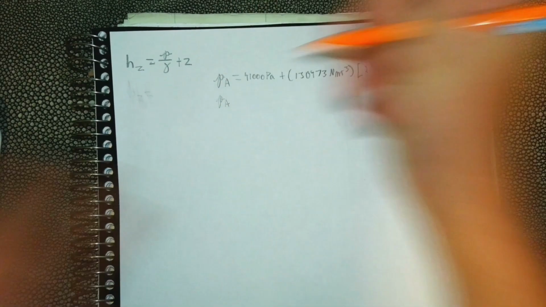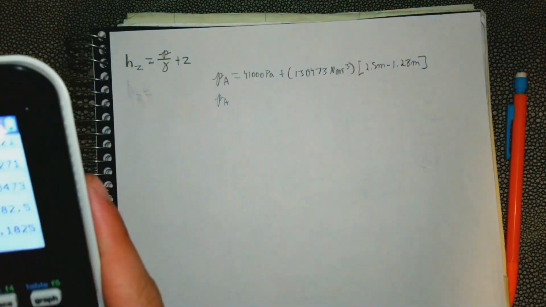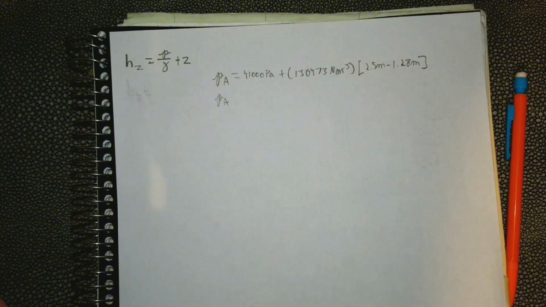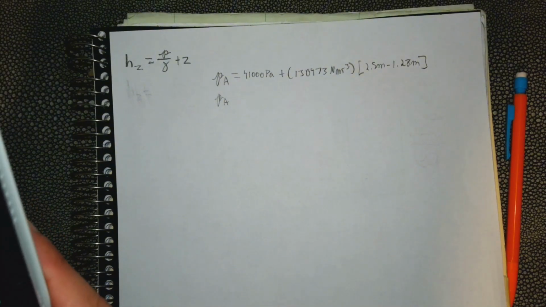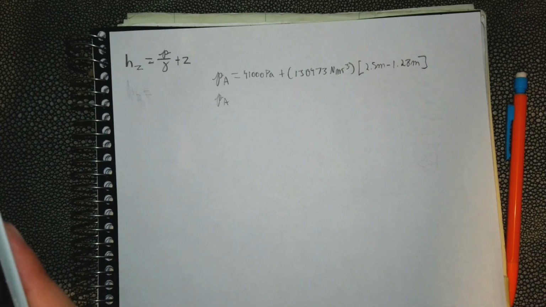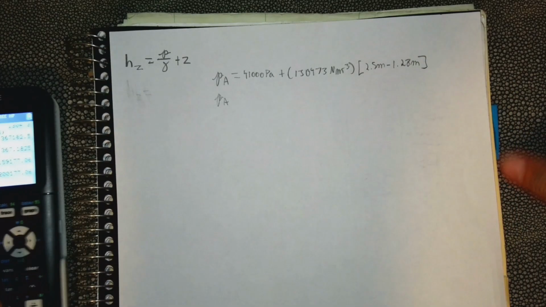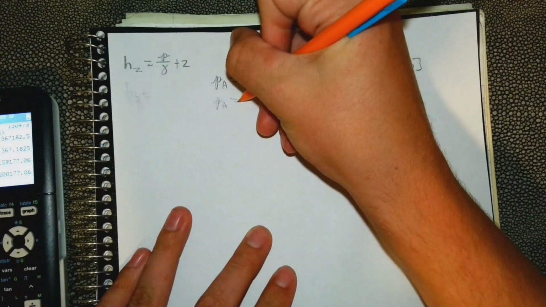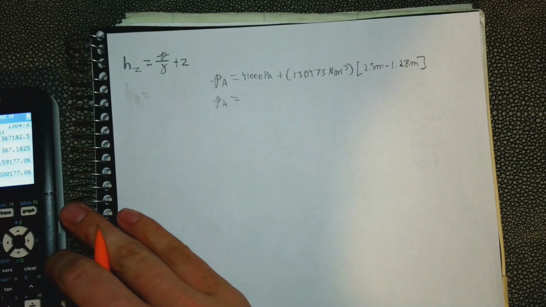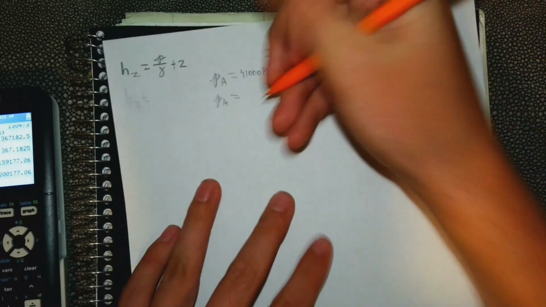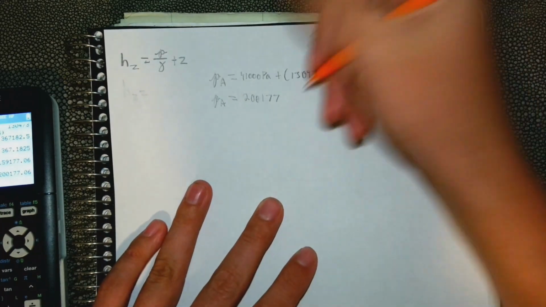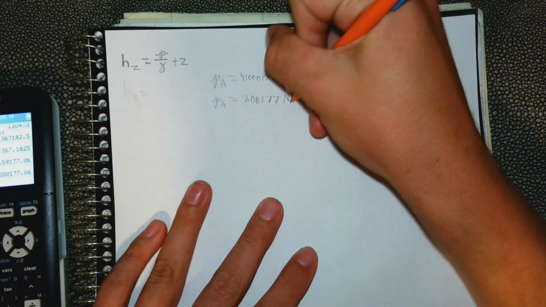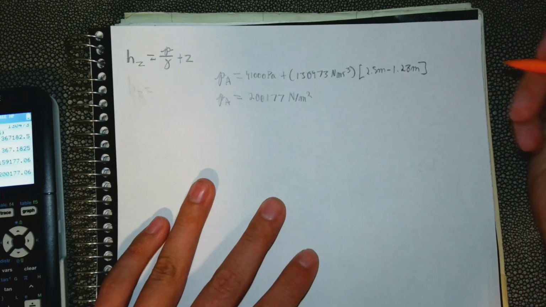So if I put that in the calculator, what is that? You get that the pressure is equal to 200,177 pascals or newtons per meter squared.